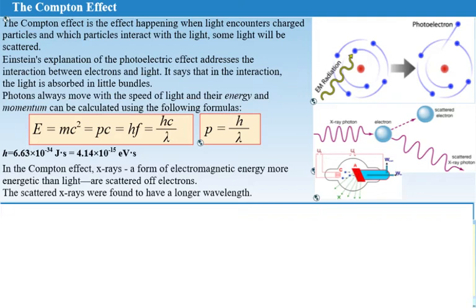What Compton did is he used the rest energy formula that Einstein provided, mc squared, and turned it into the momentum formula, because light can be both waves and particles.